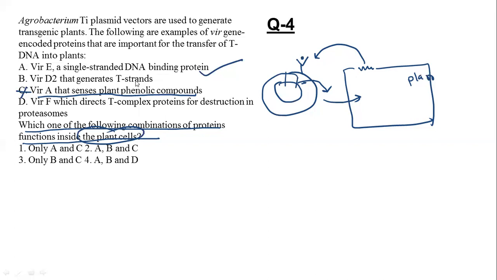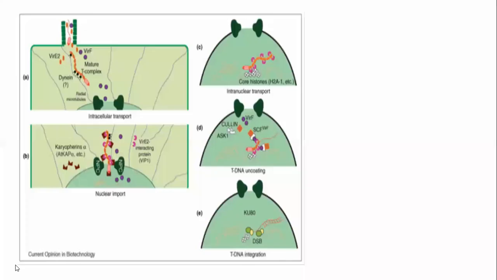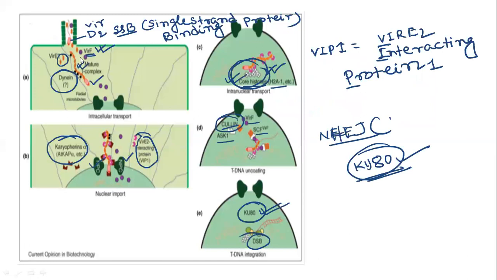Yes, this is also occurring in the plant cells, and VirF, which directs the T-DNA complex protein for destruction. Yes, VirF is also working inside the plant cells.